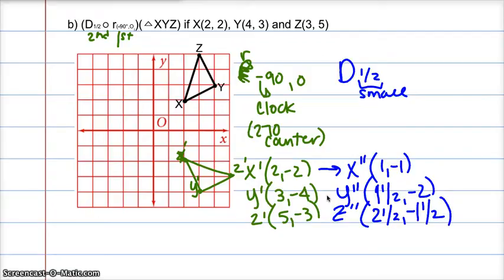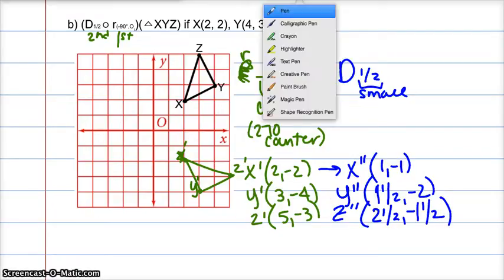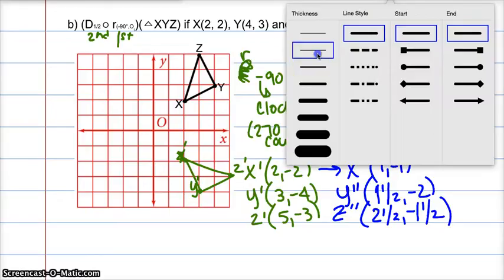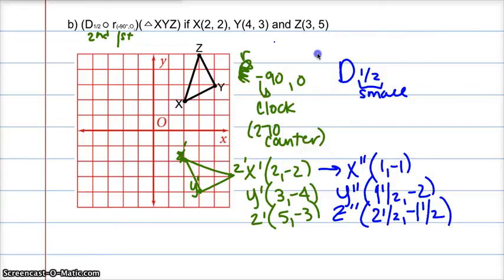Now plot those points. So I am now at 1, negative 1, x double prime, 1.5, negative 2, y double prime, and 2.5, negative 1.5, z double prime.